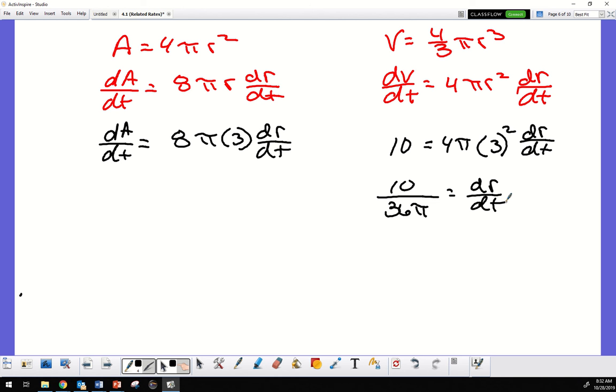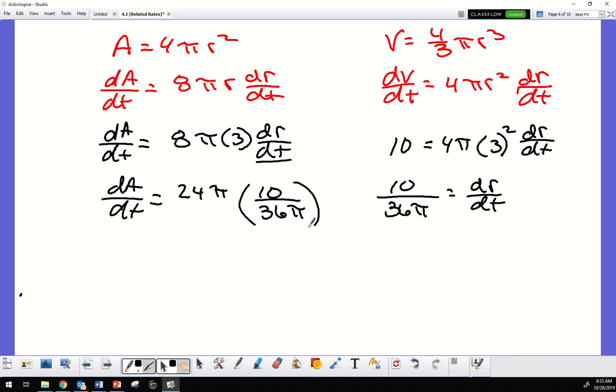So now I'm going to replace this dr/dt right here with my 10 over 36 pi. So now 8 times 3, so dA/dt is going to be 24 pi, right? And that's going to be times my dr/dt, which is 10 over 36 pi. My pi's will cancel.